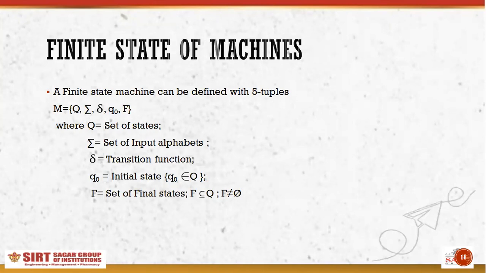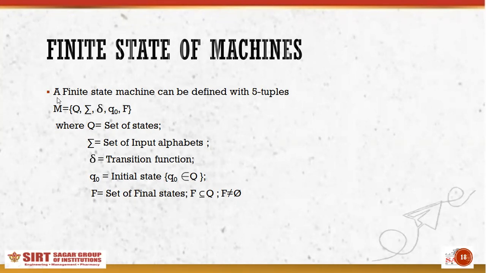If you use a finite state machine as a language acceptor, then it will work for checking the validity of a string. But if you use it as a transducer, or a function computation, it will compute a function and give a respective output on the output side. We'll see that later.